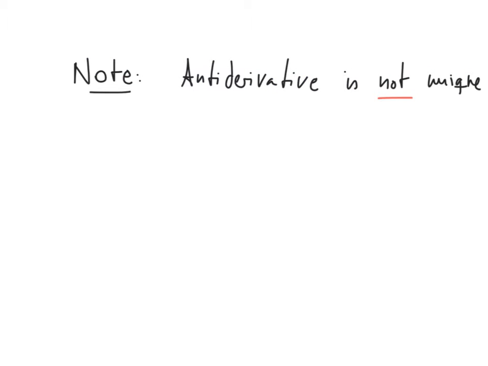The first important thing to realize about antiderivatives is that the antiderivative of a function is not unique. Remember when we did derivatives, if I take the derivative of a function, there is exactly one function that is the derivative of that function. That's not the case anymore for antiderivatives.